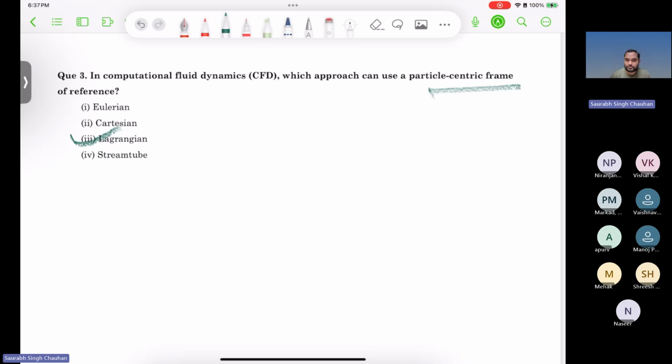And most of the time we want to solve our problem from the control volume perspective, right? For example, let us say a duct flow. The flow is going through the duct. So you're not tracking each and every particle of the fluid that is going through the duct. You are observing what is going on inside the duct, right? So there should be some method which can work as a bridge between control volume and control mass.